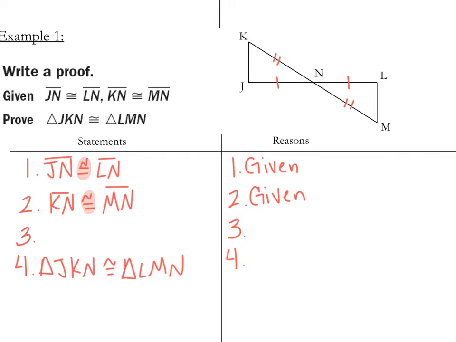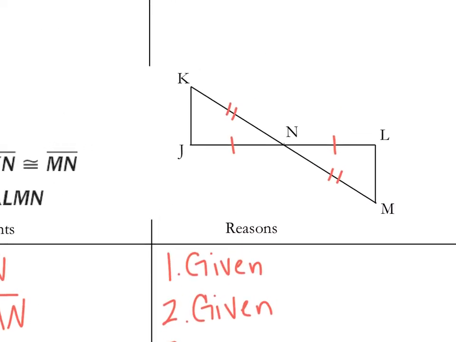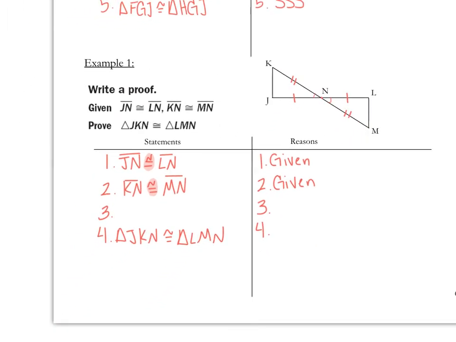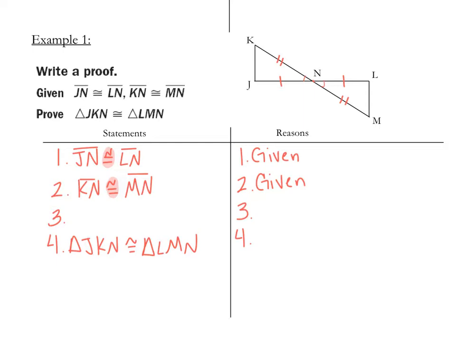So I look at my picture, and whenever I'm stuck, I look in the middle. So if I see that it comes to a point, I see these angles. And if you remember from a couple chapters ago, we talked about vertical angles.